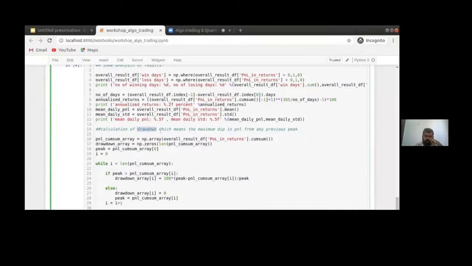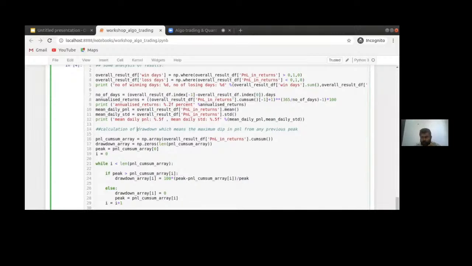So drawdown basically means, let's say you are deploying a strategy and it has made some money, but it will not always keep on making money. There will be days when you will also suffer losses. So drawdown basically means the maximum loss you have suffered from the peak position. So let's say you start with 100 rupees.